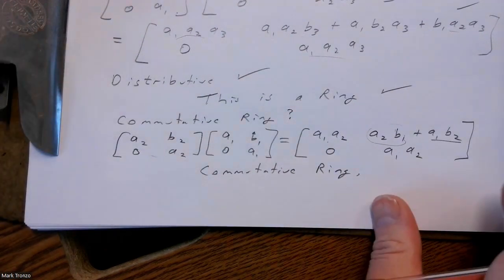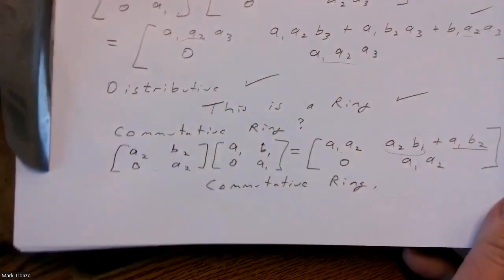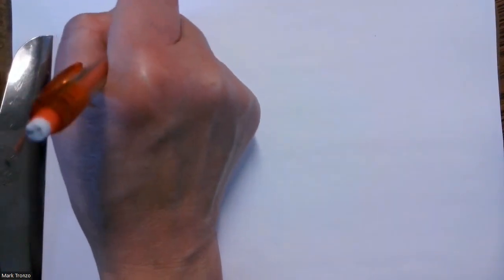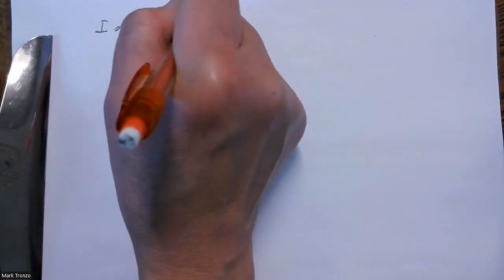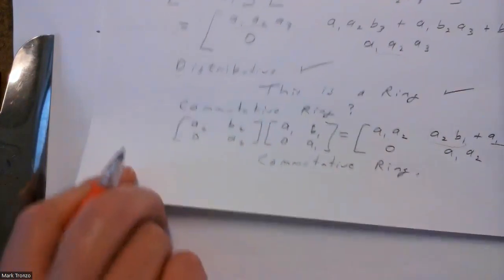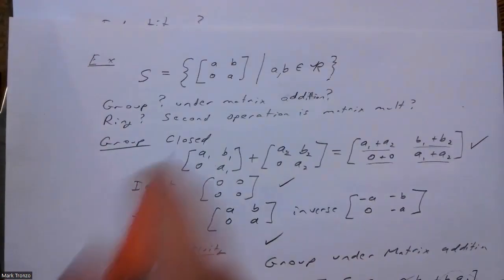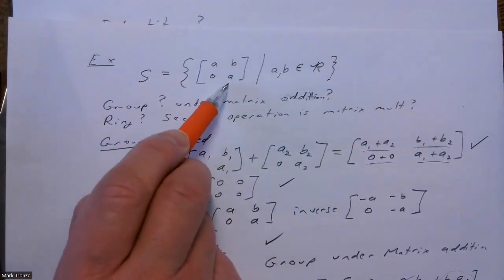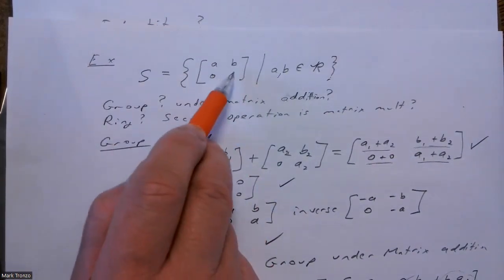And let's see what else we need. So the question is, do we have an identity? We have to have an identity of the form that we were given. Remember our form here, we need an identity where the upper left and lower right are the same.